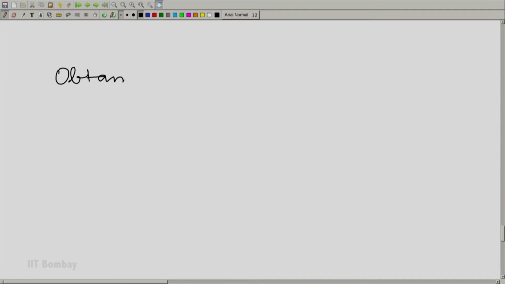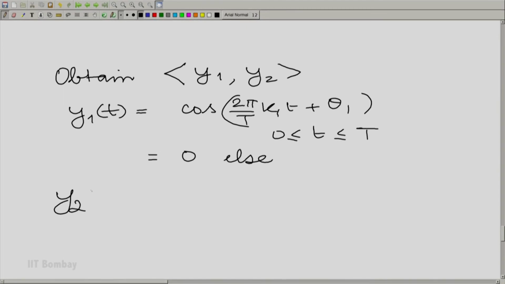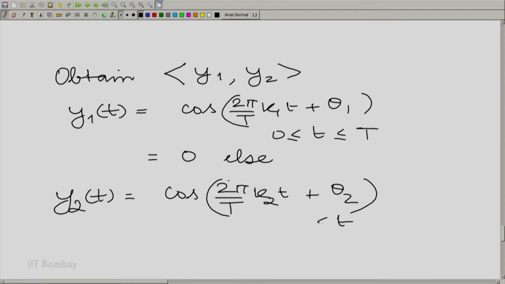So, essentially what we are saying is find out the dot product of, let us say, y1 and y2, where y1(t) is equal to cos(2 pi by T k1 t plus theta 1) only between t going from 0 to capital T and 0 else, and similarly y2(t) is cos(2 pi by T k2 t plus theta 2) for again t going from 0 to capital T and 0 else.